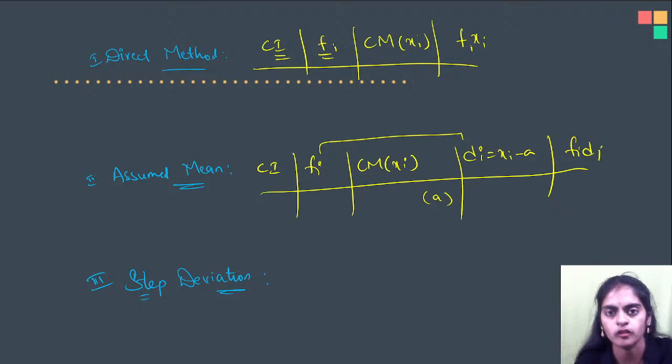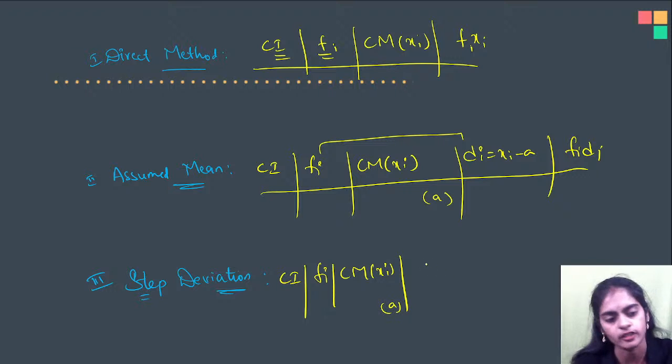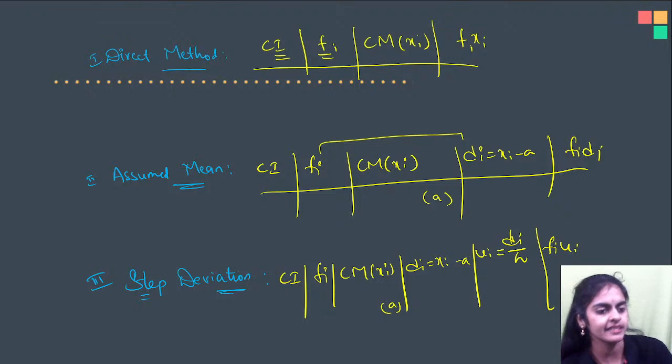Note this down. For step deviation, class interval, frequency, class mark are all the same, and you will also find an assumed mean. Then deviation is xi minus a, you will do this too. Then you will write ui equal to di by h. H is nothing but the class length or the common factor. Now you will do fi ui. Okay, so these are the three things which you have to know when you're doing mean.